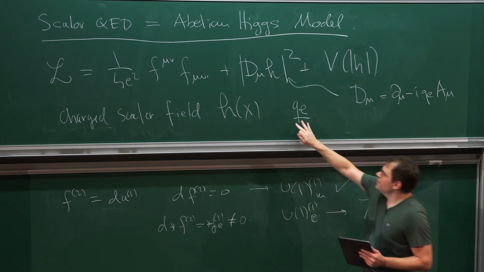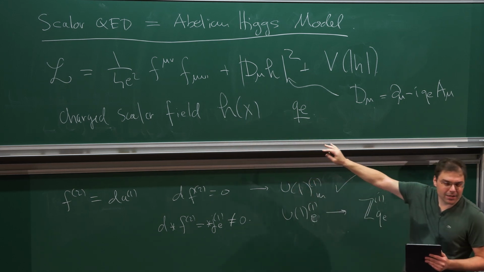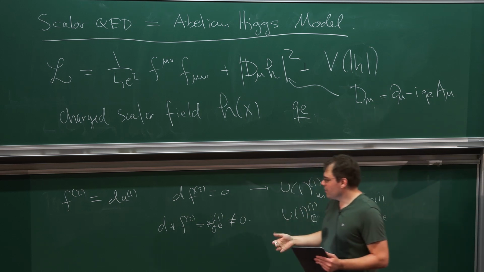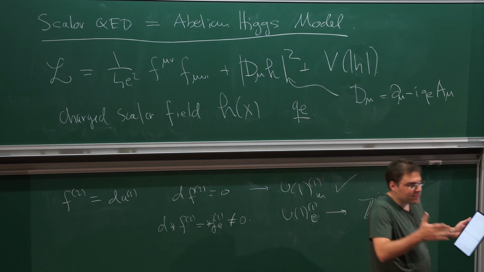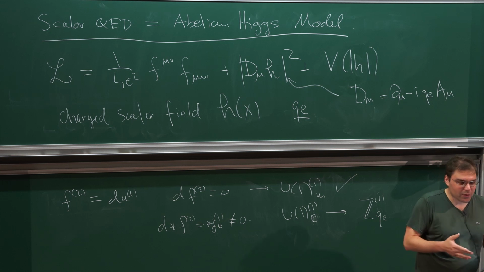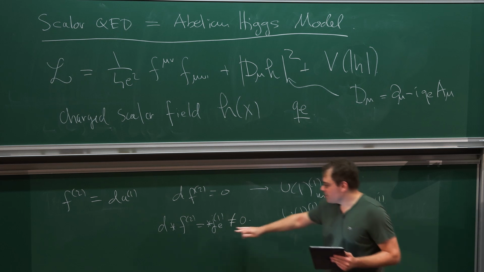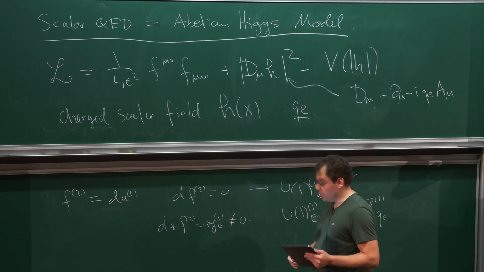Because the charged field carries charge QE, it's intuitive, though not particularly simple to make explicit in this context, that the integral of J electric should in some sense be a multiple of QE. If everything charged in the universe is a multiple of QE, then it stands to reason that this integral over J electric is also a multiple of QE.